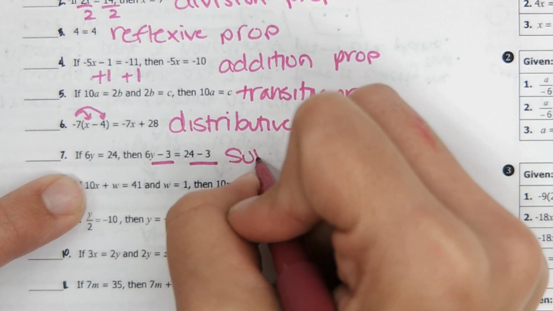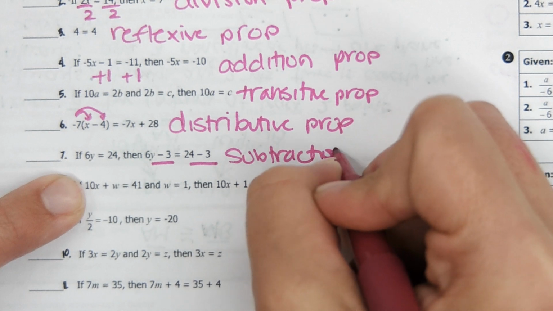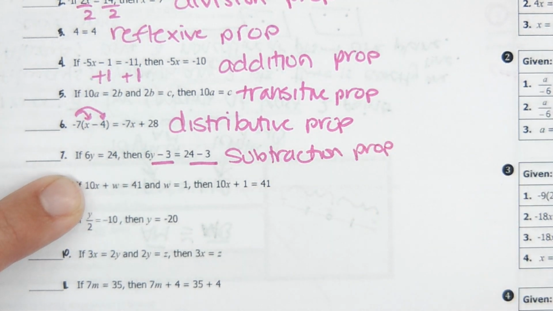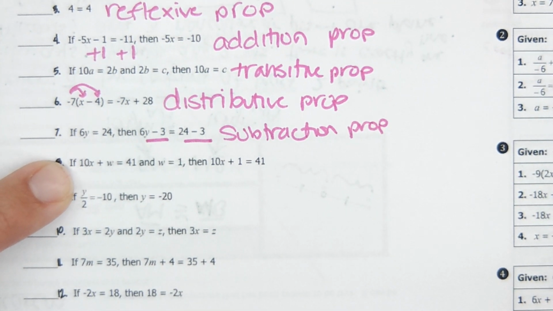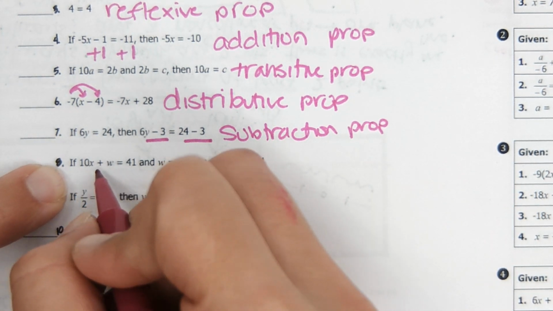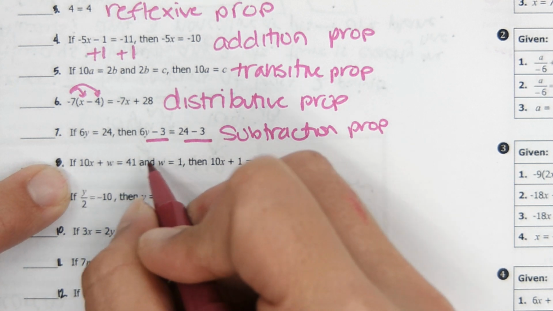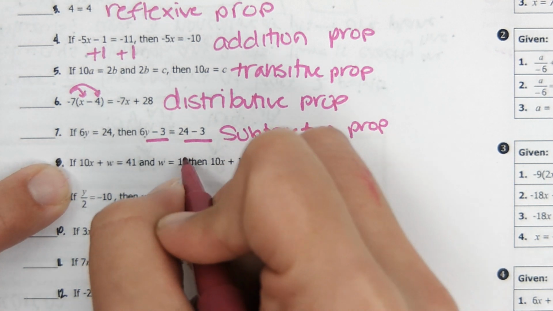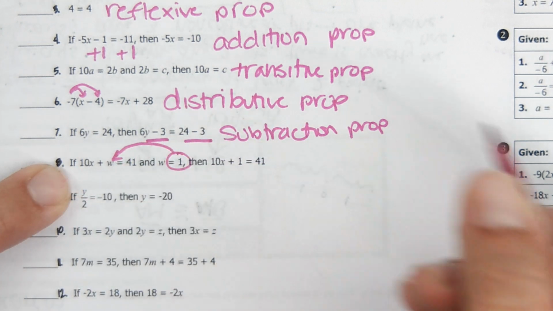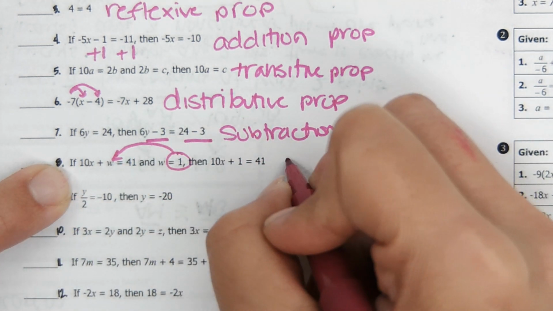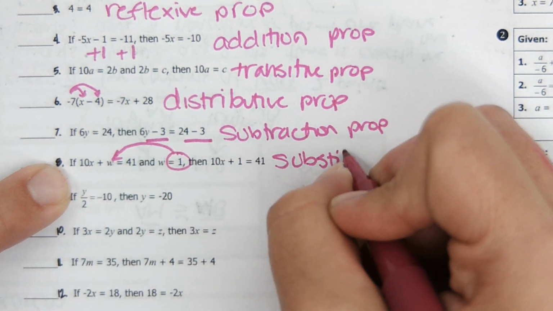So that would be subtraction property. Number 8, it shows an equation. Then it says w equals 1, and then they plug in 1 for w. So they're taking 1 and plugging it in for w to get this. That is substitution.